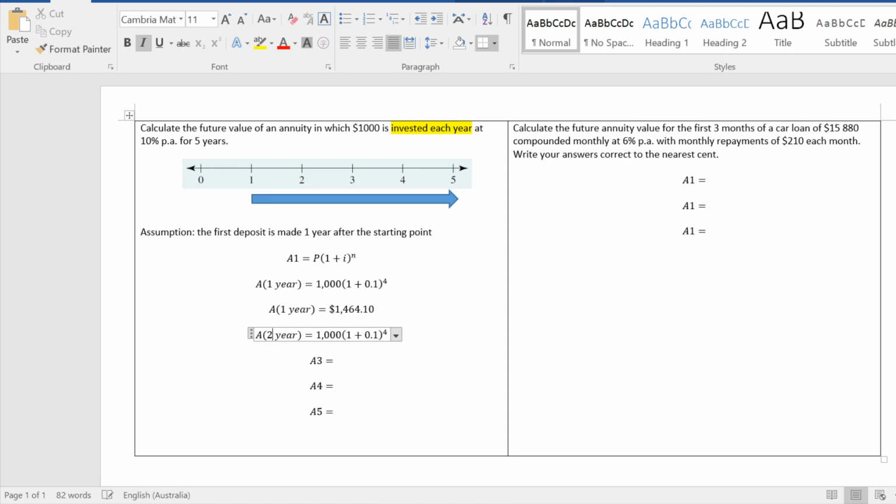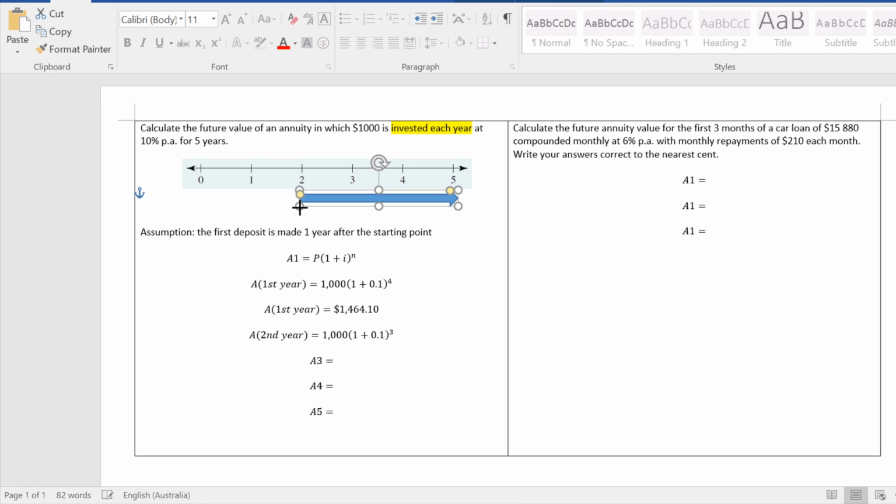Okay, now A2, copying this down for A2, this is obviously the second. I probably should have labelled it first and second year. Now, even though we have technically a bit more than 2,000 in our account at this point, remember this one's already earning its own interest. It's running its own race. This little lot is now going to be sitting in there for 3 years, okay? So our starting point was here. There's $1,000 in there. 1, 2, 3.